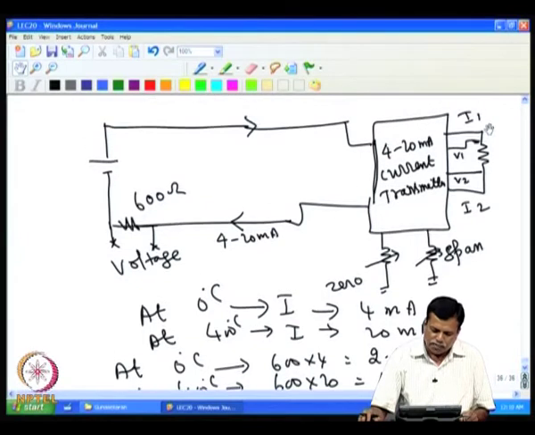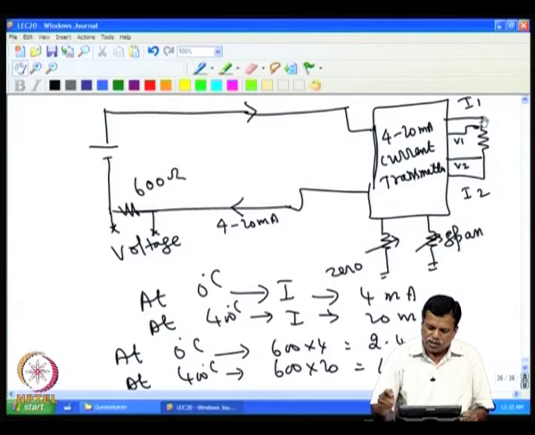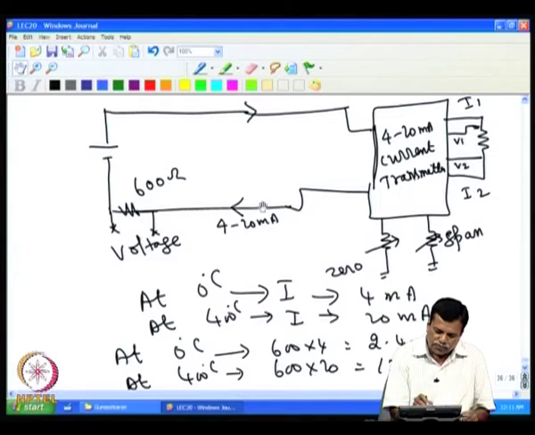So, this is actually a popular 4-20 milliampere system, and the 0 and span are used to adjust such that at 0 degree temperature of this you get 2.4 volt here, that is the current will be 4 milliampere, that is adjusted using this, and then keep this at 400 degree C and then adjust the span to get exactly 20 milliampere through this.